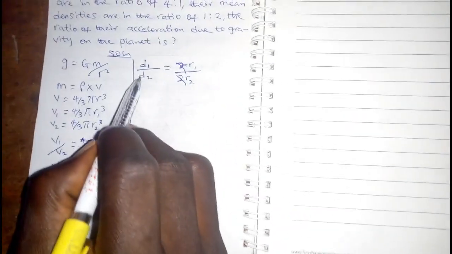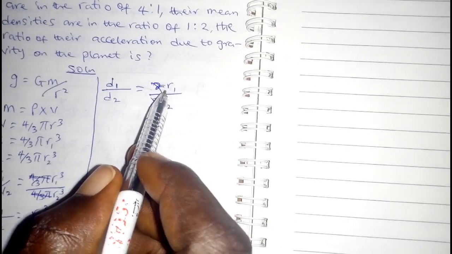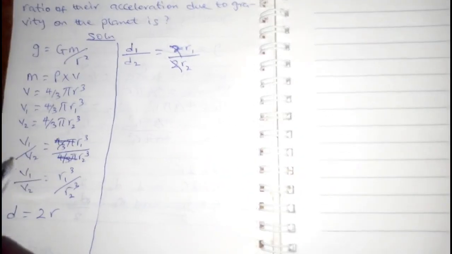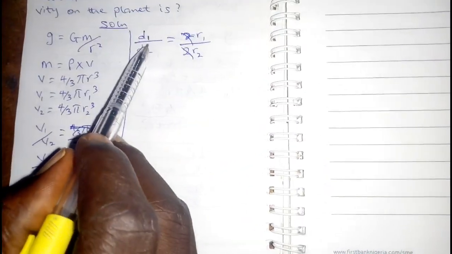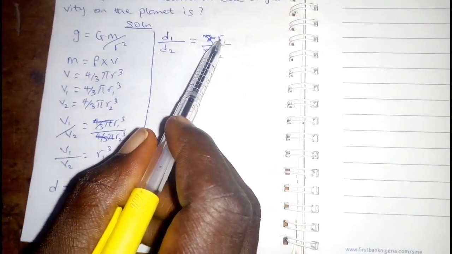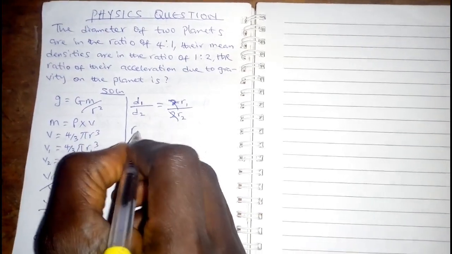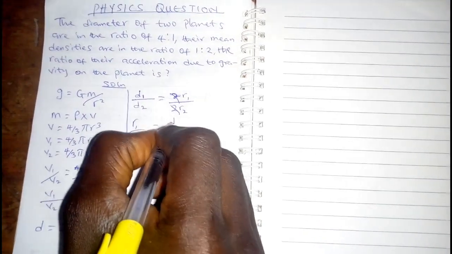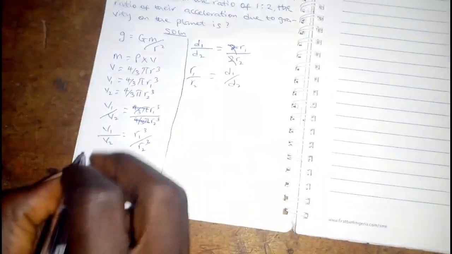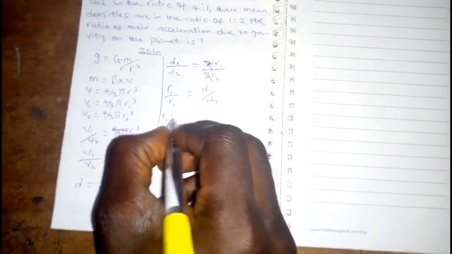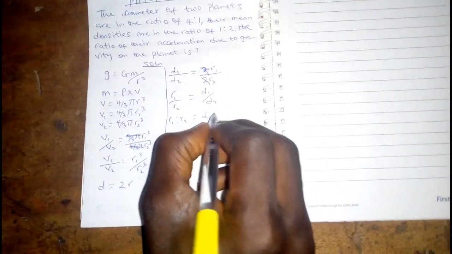That means the ratio of the diameters is just r1 over r2. So we've made our radius in the form of diameter: r1 over r2 is equal to d1 over d2, or r1 ratio r2 is equal to d1 ratio d2.